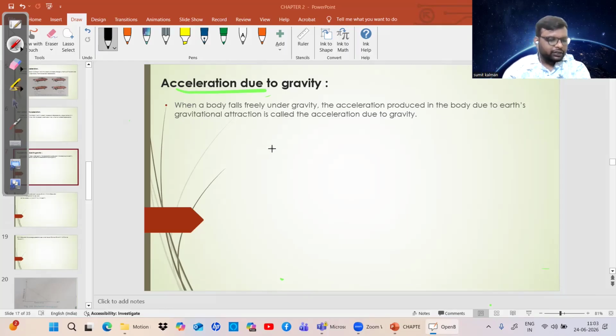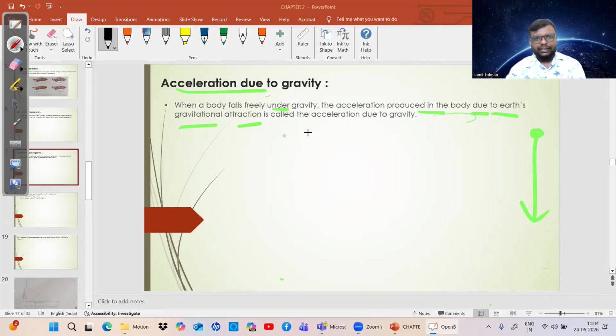Now, what is acceleration due to gravity? We will see. When a body falls freely under gravity, the acceleration produced in the body is due to Earth's gravitational attraction, because Earth has gravity.